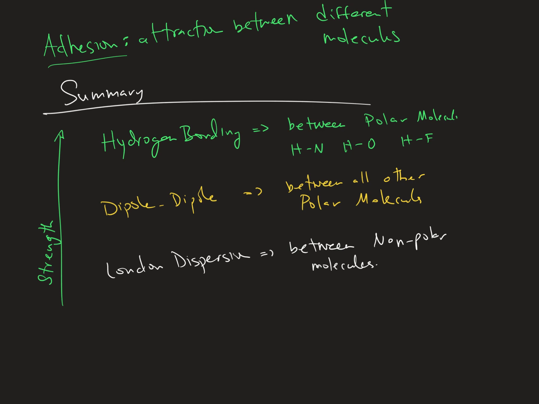So we can also say, as we go up in strength, then we have higher melting point and boiling point. We have higher viscosity in general. We have higher surface tension and capillarity.